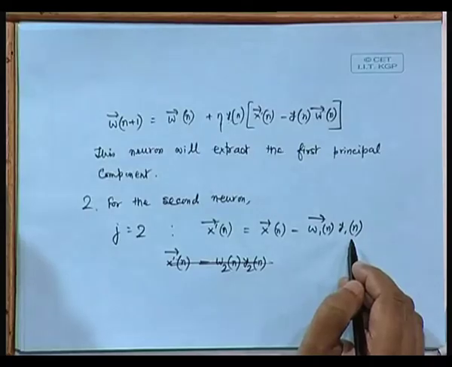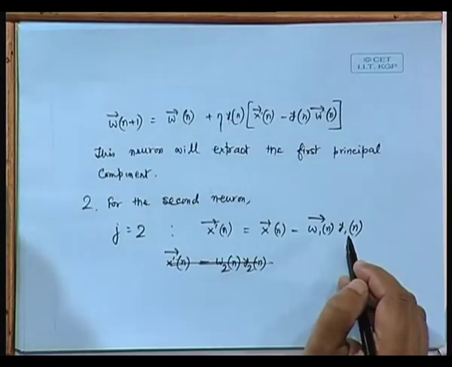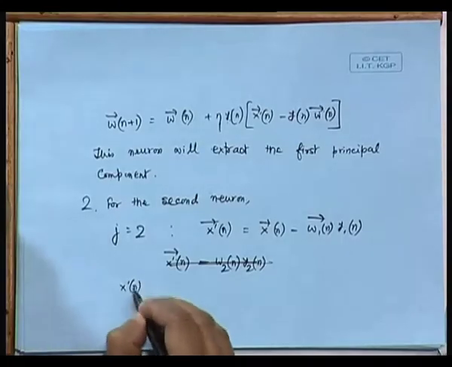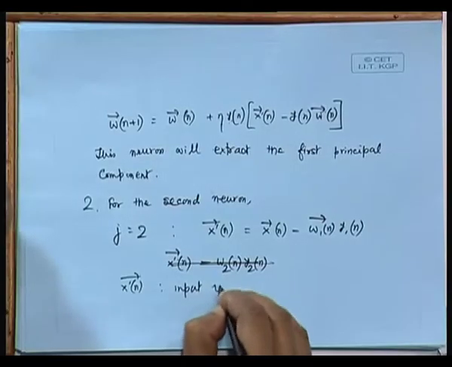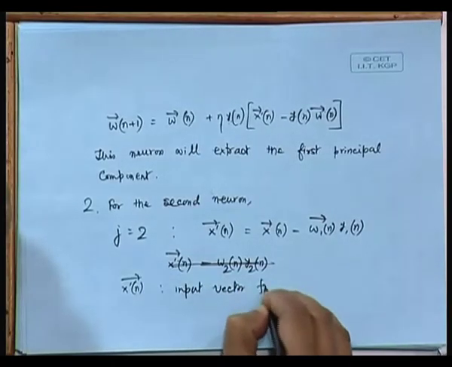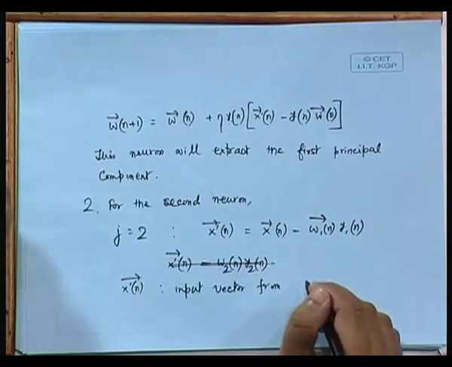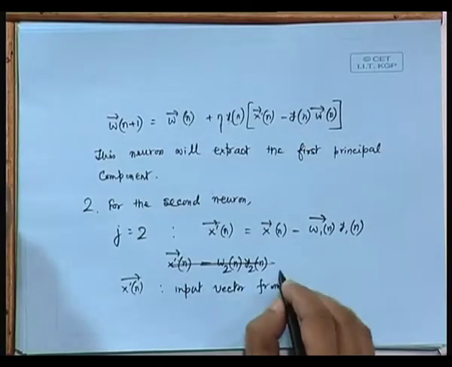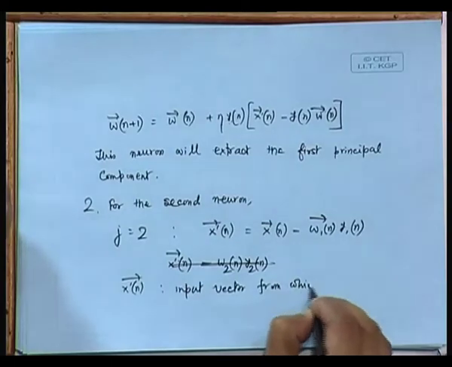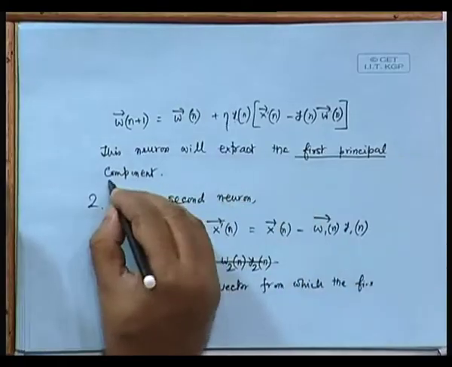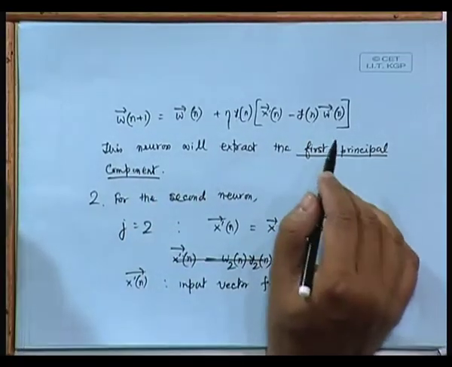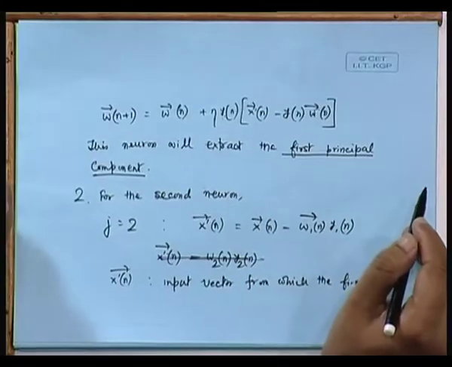So, what is this? This x prime n is basically realizing an input vector from which the first eigenvector of the correlation matrix has been removed, because we are taking this result that this neuron has already extracted the first principal component.